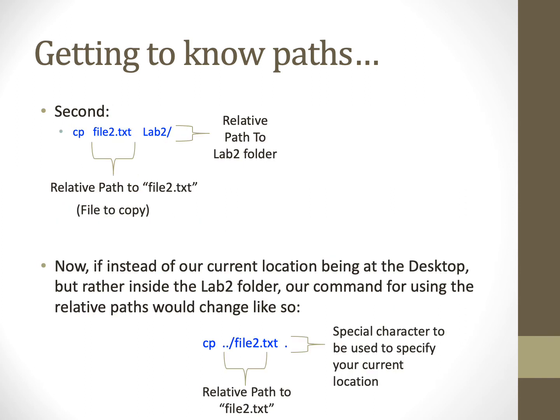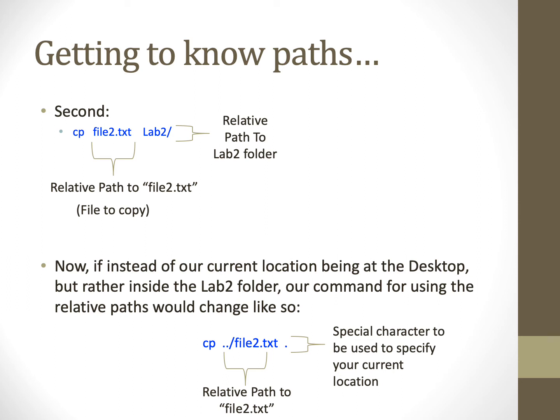The second command that you will use to copy file2 to lab2 corresponds to a relative path. Note that we do not have a path that starts with the root, and also that it is just the actual file name.